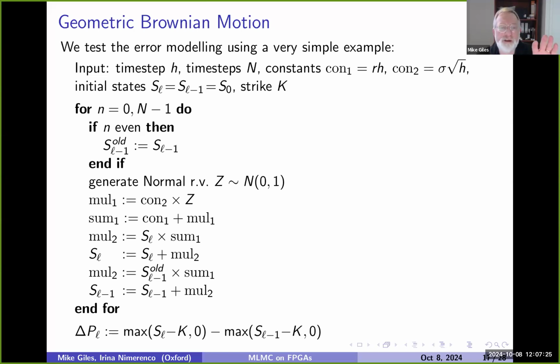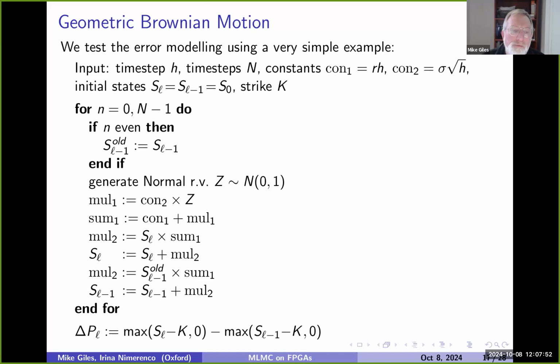And then I've really expanded out the algorithm so that each line just has a single arithmetic operation. So you're really seeing each and every intermediate variable in the calculation here. Okay, and for all of these variables, we will be using the adjoint error analysis to work out what the sensitivity is to errors in that variable.